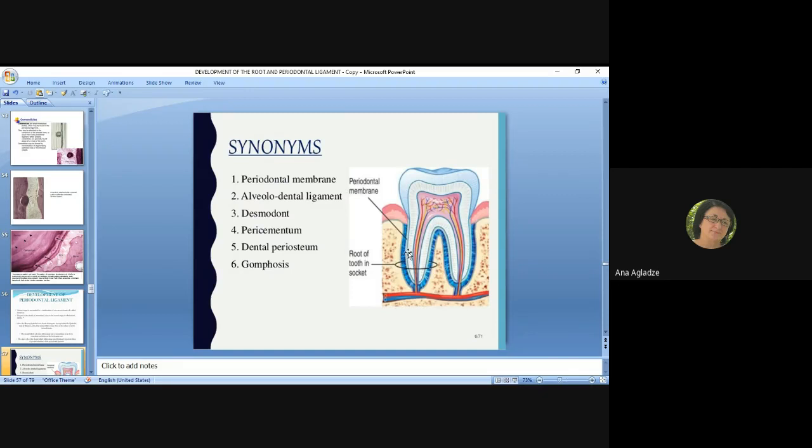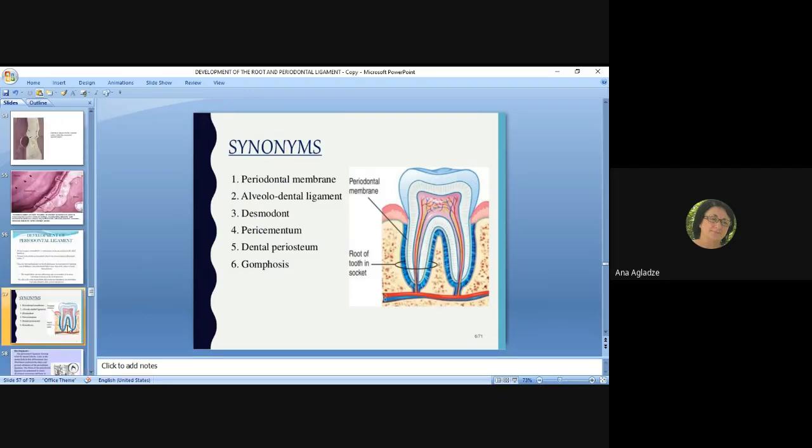From the right side there is the cementum. From the left side is alveolar bone, and this is the tooth socket. The alveolar bone proper is the bone which lines this socket in which the tooth is attached.